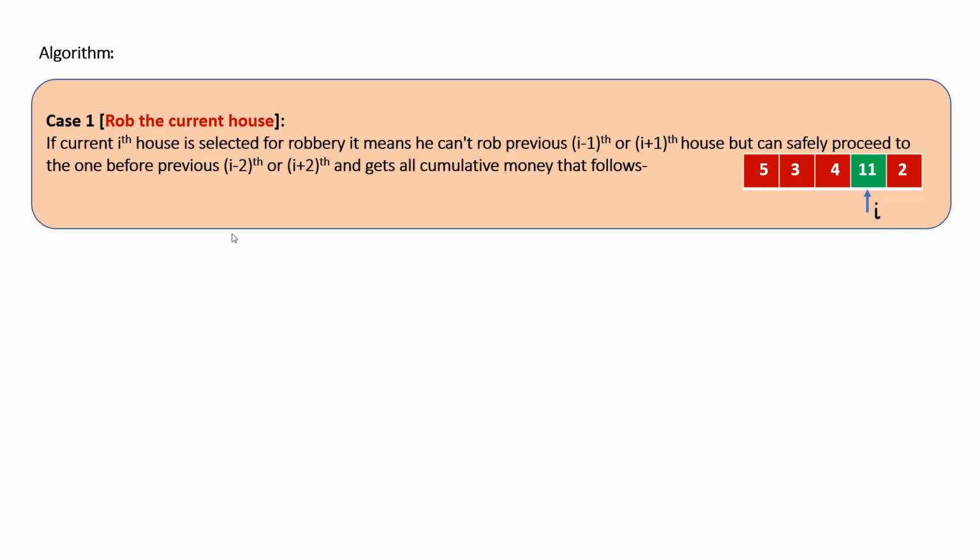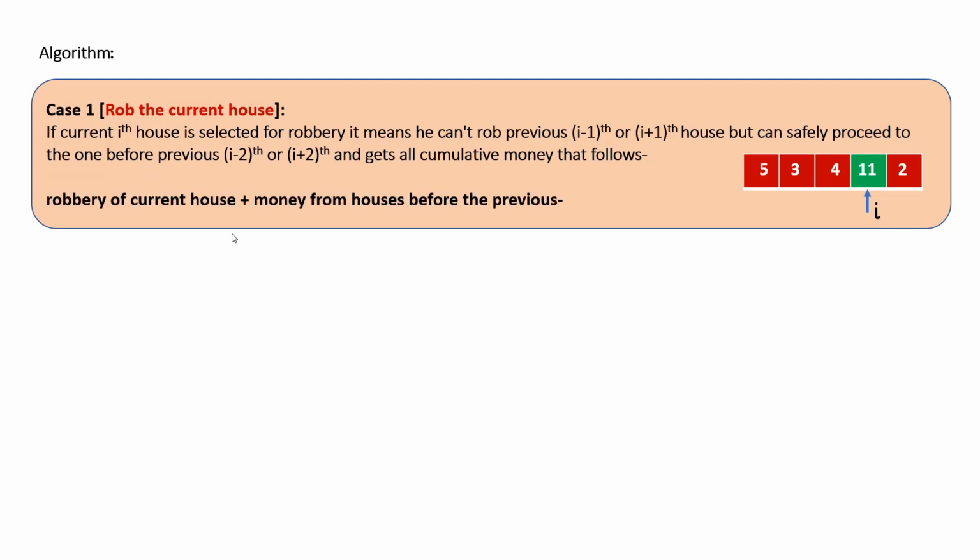If he has decided to rob the current house, then given the problem statement, the maximum amount of money he can get is the robbery of the current house plus the money from houses before the previous. Before the previous will be 5 and 3, whatever money he has accumulated so far. The previous is 4, because he cannot rob the house which is just nearby.